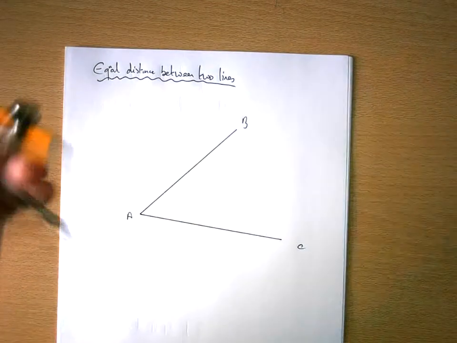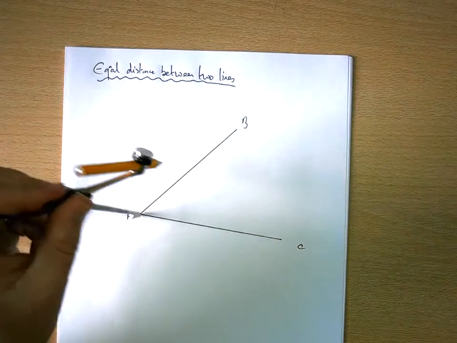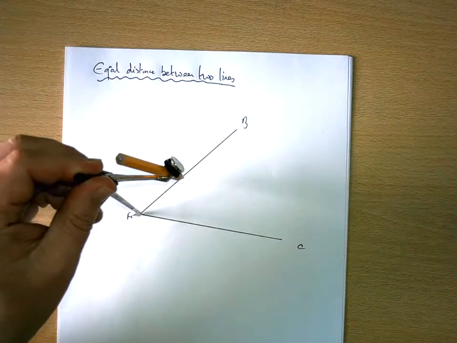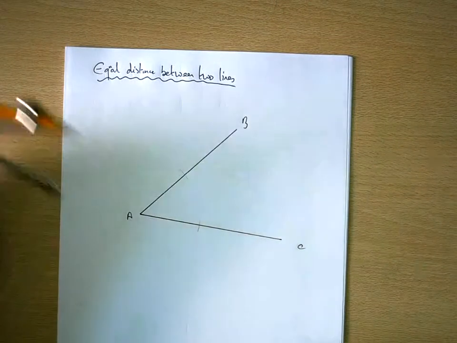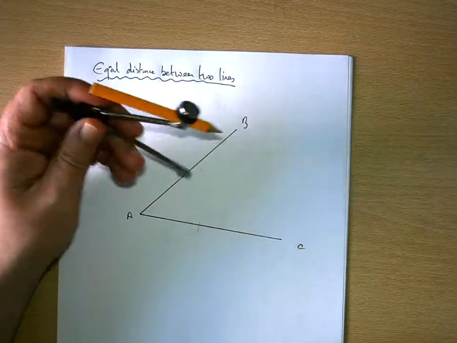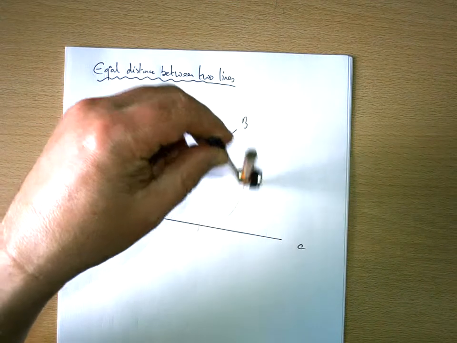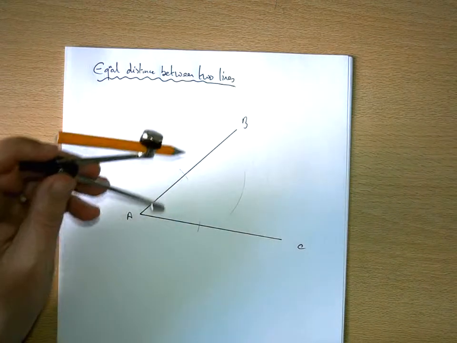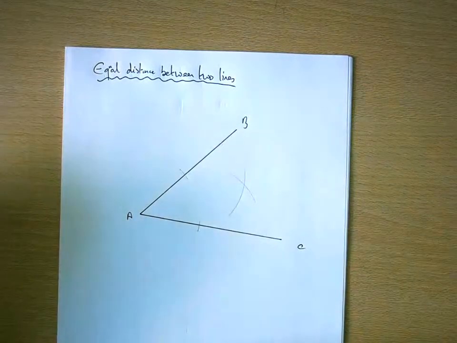What you do is you take your compass, you put the center of the compass at A, open it out a reasonable distance, and mark off on each line. Then move the compass, don't change the size of it, onto where you've just marked and draw an arc, and repeat that from the other line and cross them.